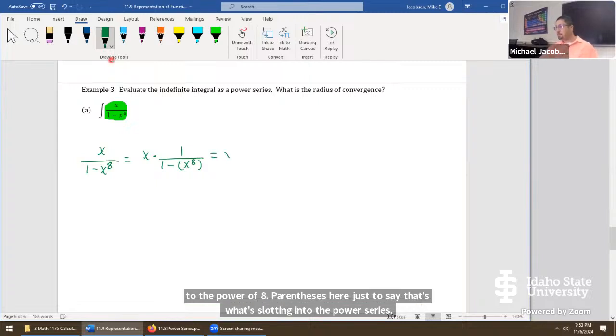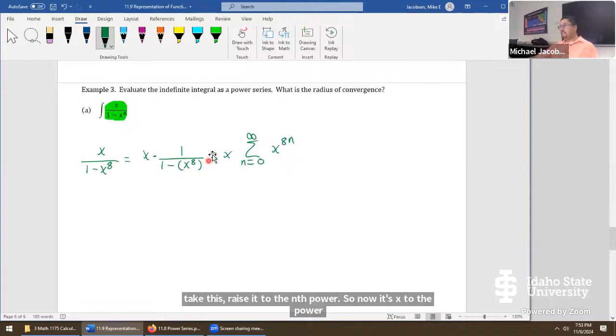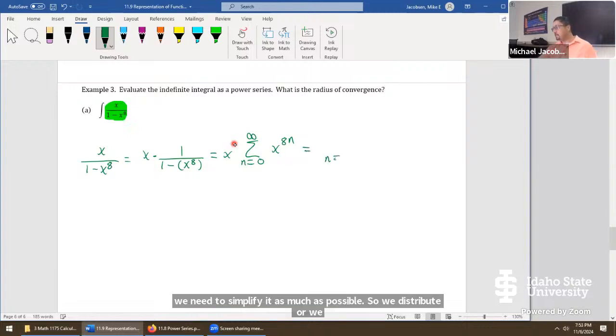So on the next step, it's x times the summation from 0 to infinity. We take this, raise it to the nth power. So now it's x to the power 8n altogether. Then we need to simplify it as much as possible. So we distribute, or we factor x back into this, multiply it back in.